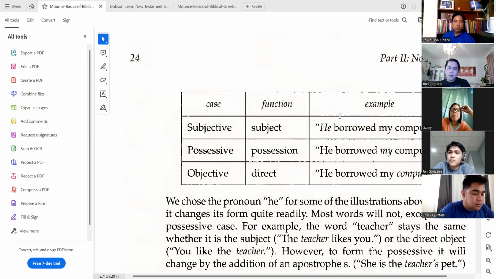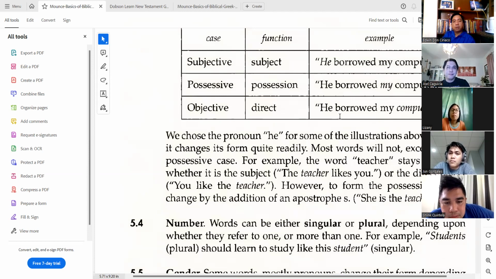Today we do not call it a computer anymore. We call it a laptop, right? Unless the computer is stationed in the office, the big one, no? So okay, we choose the pronoun he for some of the illustrations above because it changes its form quite readily. For example, the teacher stays the same whether it is a subject or an object. The teacher likes you, but you like the teacher. However, to form the possessive, it will be: he is the teacher's pet.